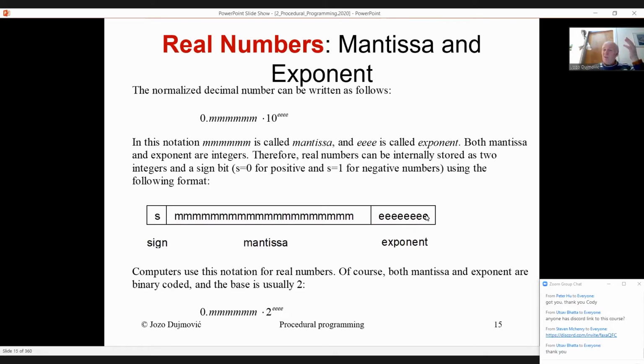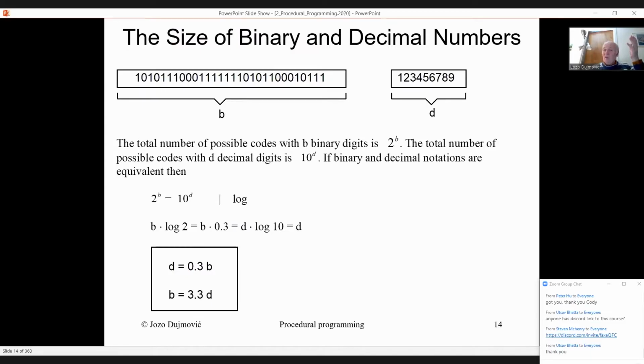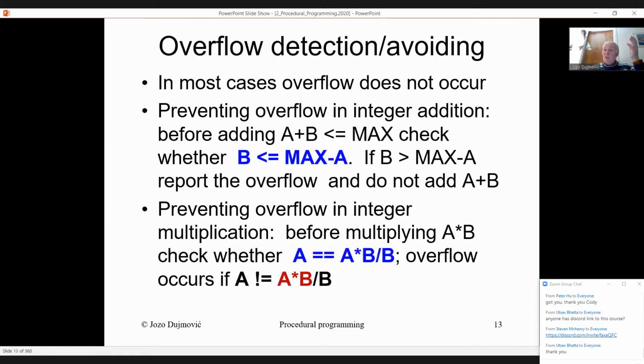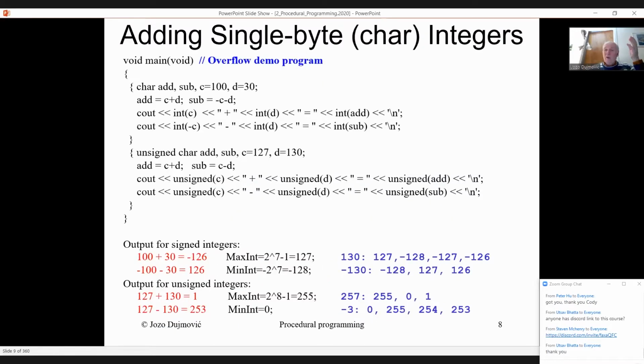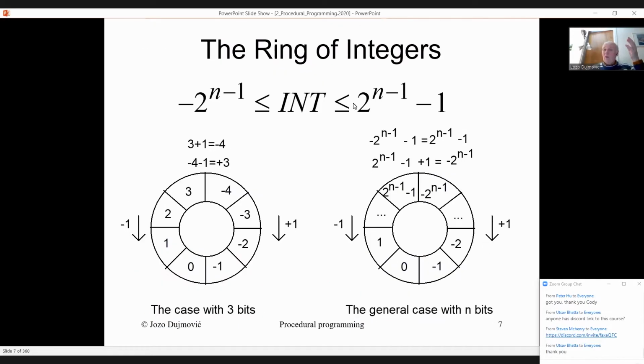This is the standard. So there are 11 ones and zeros here. What is the number that you can put here? What is the largest integer that can fit in n bits? If you remember, this is 2 to n minus 1, minus 1. That's the largest integer in n bits.